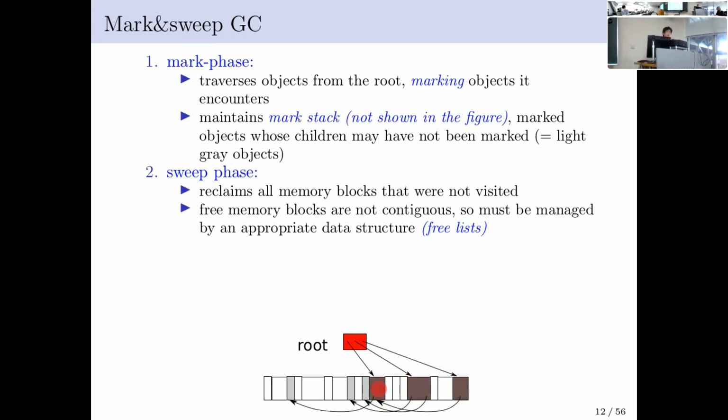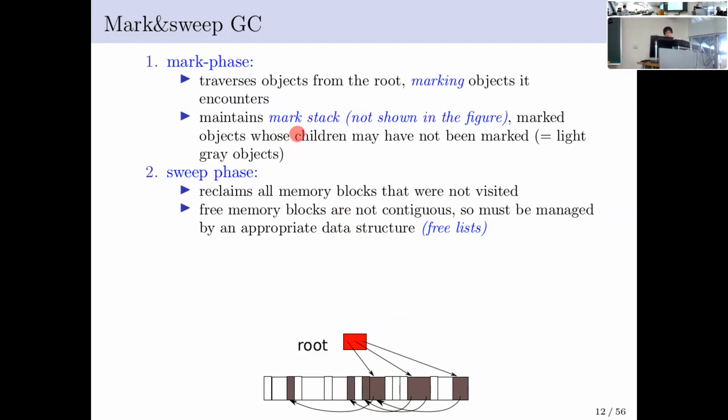For that purpose, you have to explicitly mark each object that you have visited, so that you do not duplicate the work. Otherwise, this is as simple as just keeping on doing it until you no longer discover new objects that are reachable.